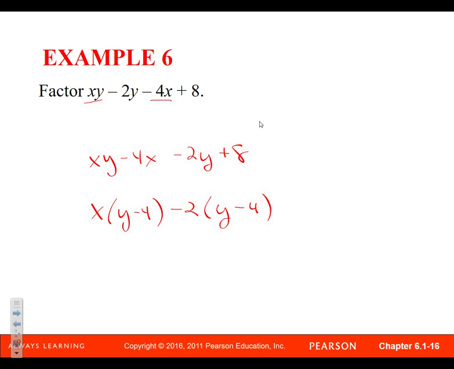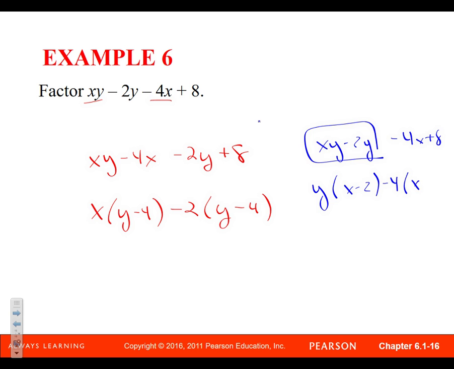Now, I want to take a look at what would happen if you did factor the first two. So if we did go XY minus 2Y, and then just the way it is, negative 4X plus 8, what would I factor out here? I would factor out a Y, correct? That would leave me with X minus 2. And over here, what could I factor out? I could factor out a negative 4, which would leave me with X minus 2.